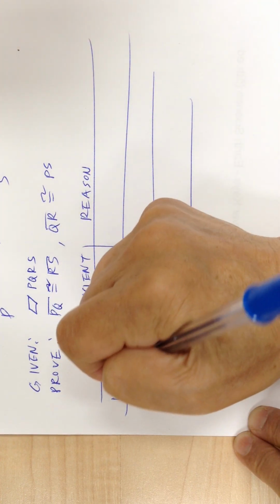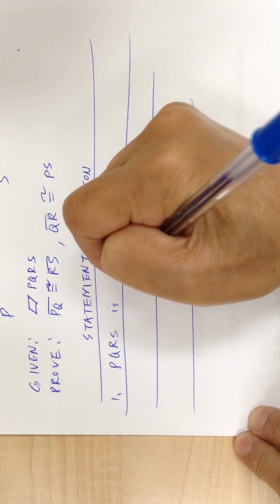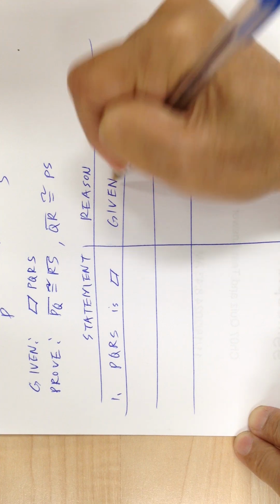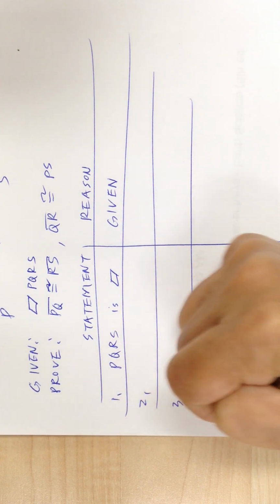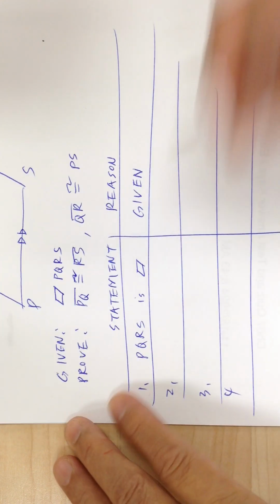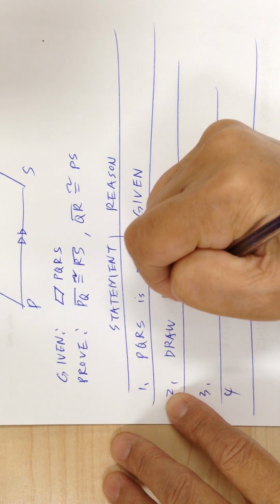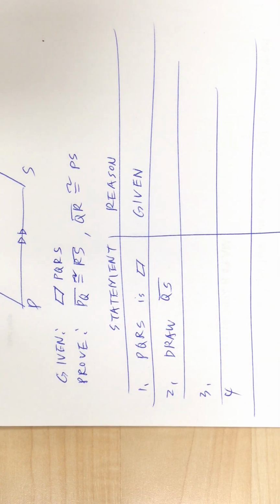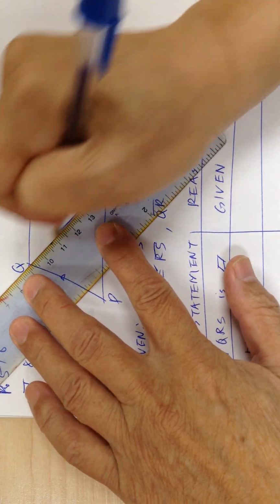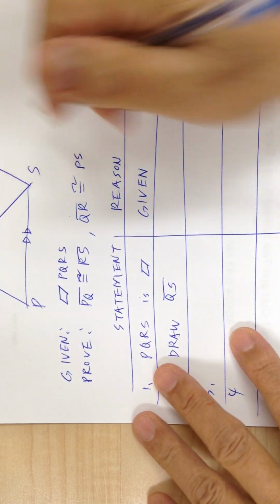Step 1: PQRS is a parallelogram, and this is given. In step 2, you want to draw QS.